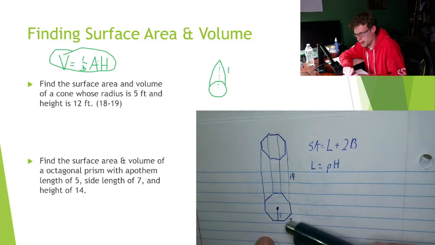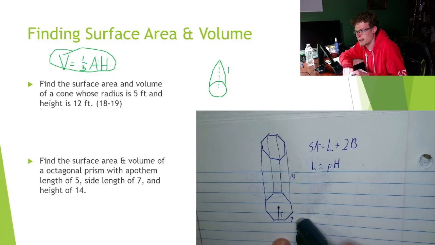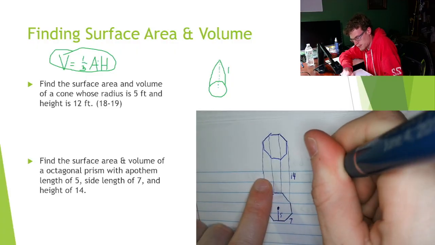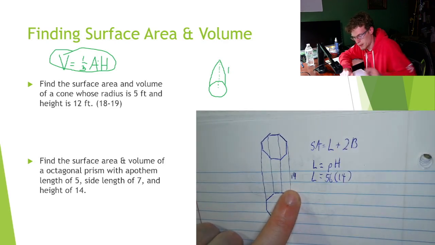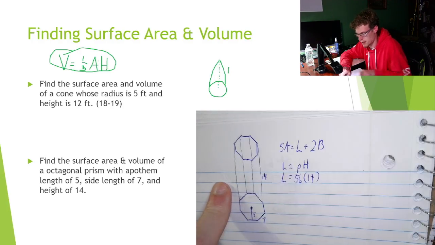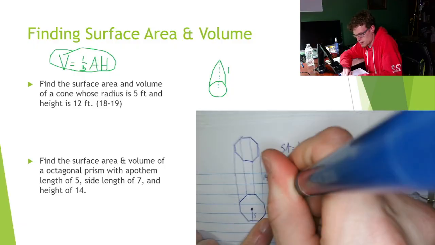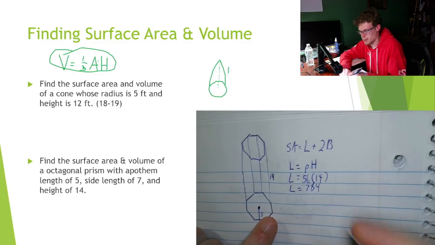So that means our perimeter is 7 times 8, because there's 8 sides to an octagonal prism, and the side length of 7. So that makes this 56. Times my height of 14. Okay, so let's punch it in. 56 times 14. Boom. 784. That's my lateral surface area.